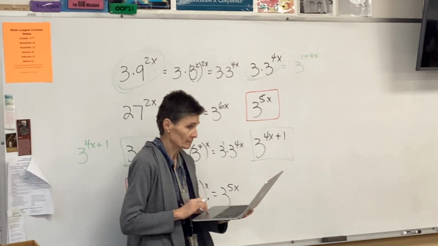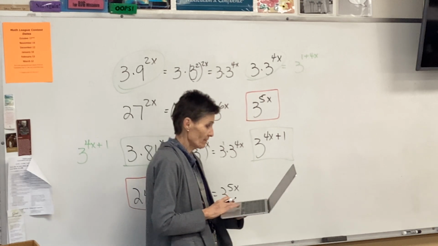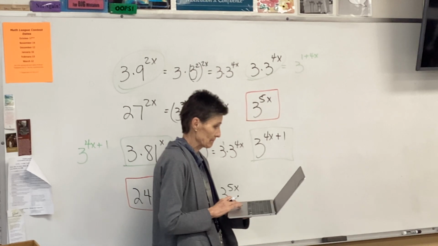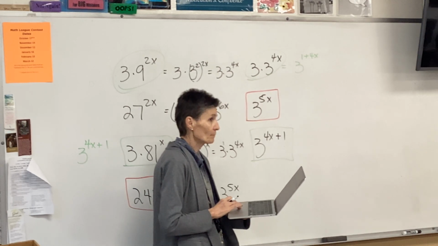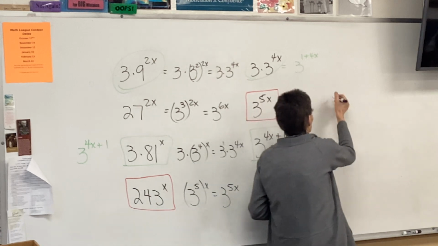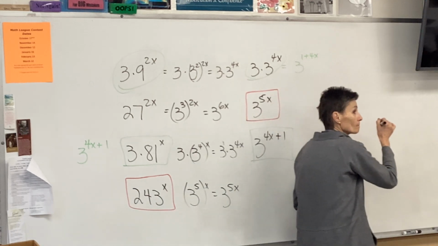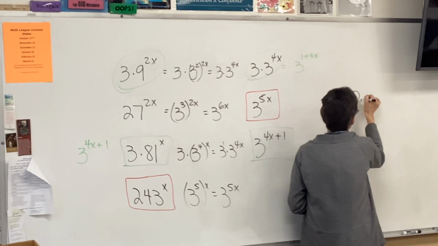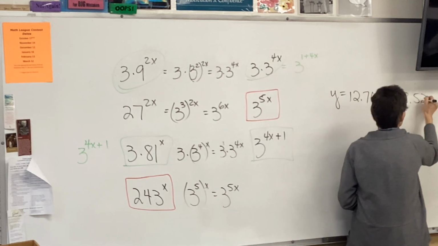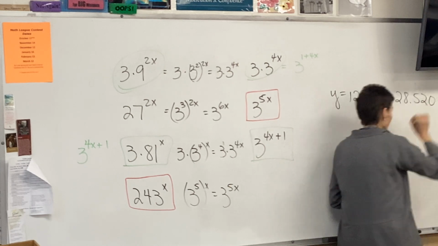Well, we need it. So I'm gonna have to find it here real quick. Yeah, I have it. You have it, God bless you. What is it? 12.704 plus 28.520 elements. Thank you very much, Anna.